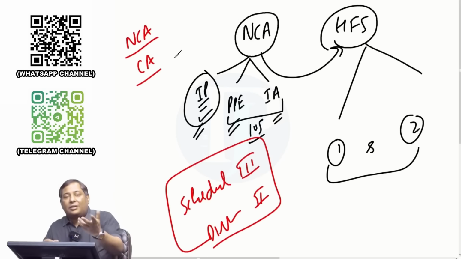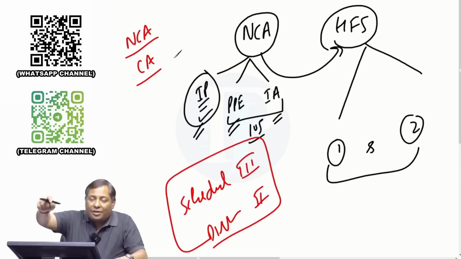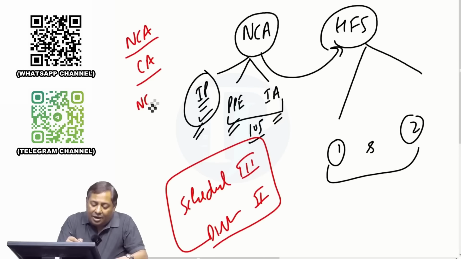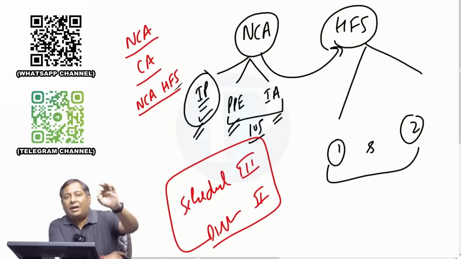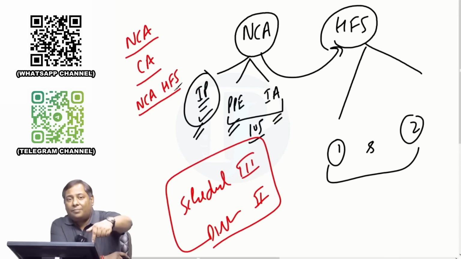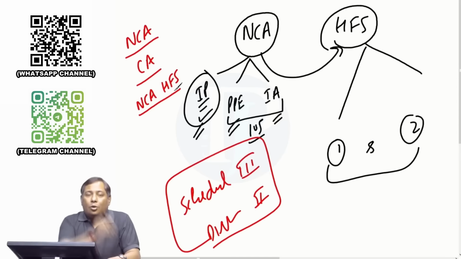Students ask where non-current assets held for sale are shown on the balance sheet. In 105, we discussed that in Schedule 3 Division 2, after the current assets, a new heading will be added. So if any entity has a 105 asset, they will mention a new heading in their balance sheet after current assets with the name non-current assets held for sale.